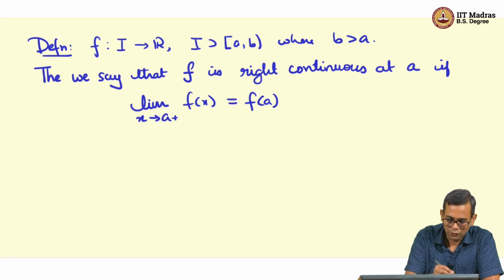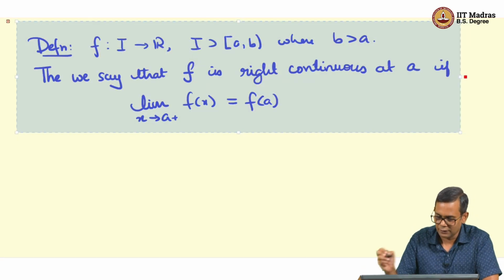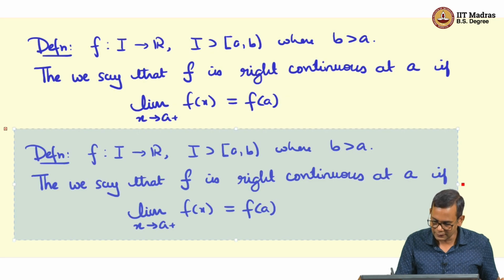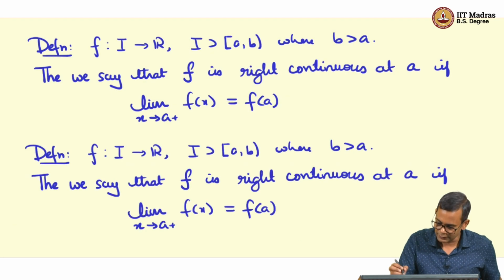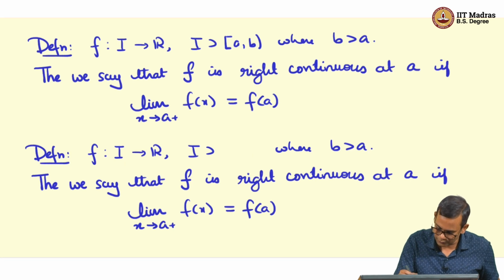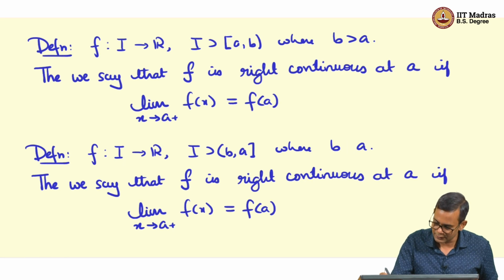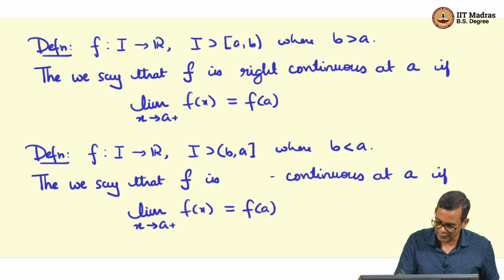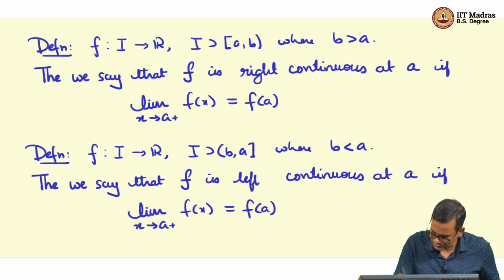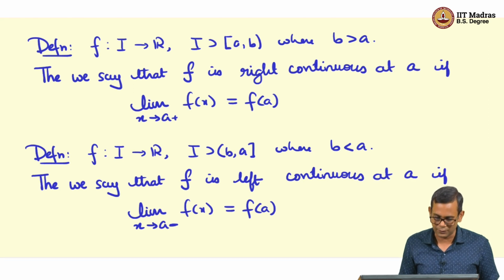And as before, you can change this definition of right continuity to left continuity. So, we say that if the function is defined on [b, a], where b is less than a, we say that f is left continuous at a if the limit as x approaches a from the left of f(x) is equal to f(a).